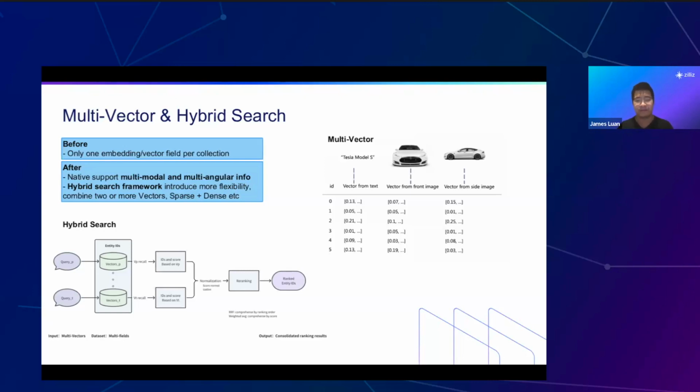You have Tesla, you also have the description. And when search happens, it could be text to text, or it could be text to image. Before that, you had to create multiple collections, and you had to develop your own ranking models.